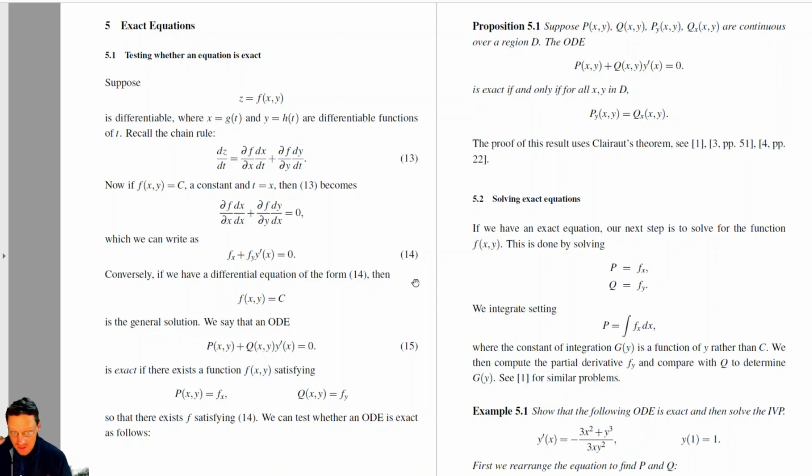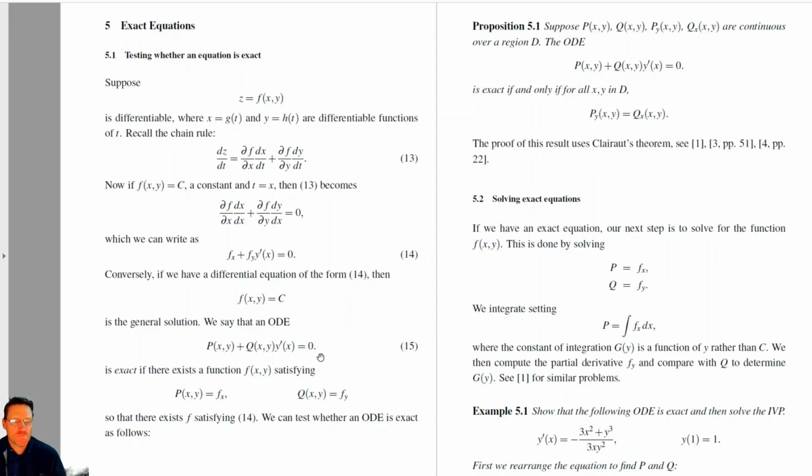Now, conversely, if we have a differential equation of this form, then there should exist an f such that f of xy is equal to c, which would be the solution of that differential equation. So suppose now that we have p of xy plus q of xy times y dash equals 0. That's a differential equation.